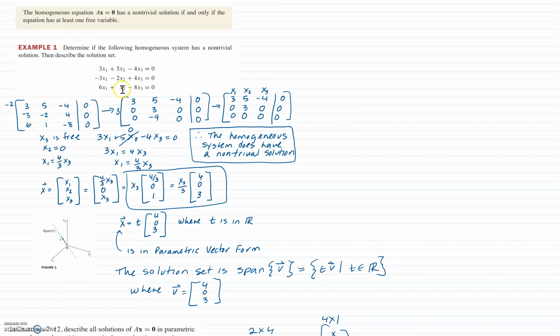So in R3, if you had no free variables, you would get the span of 0. One free variable, it looked like the span of just one vector. And two free variables would be the span of two vectors, a plane.